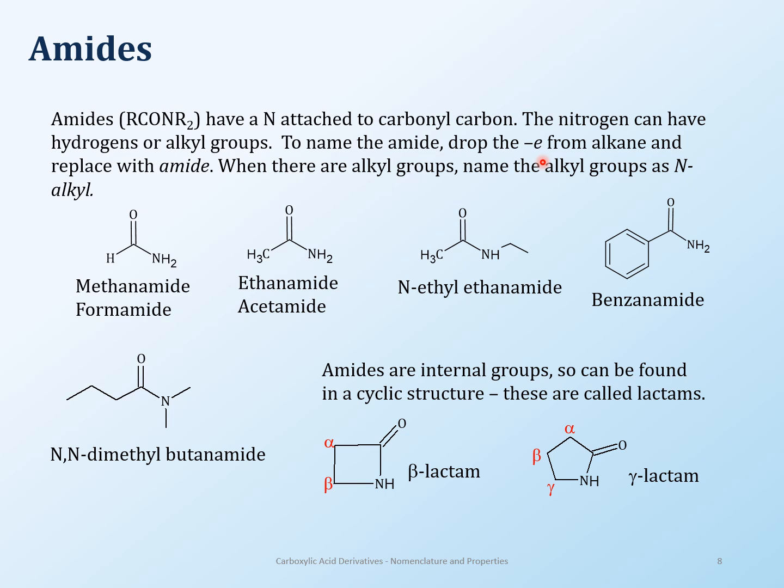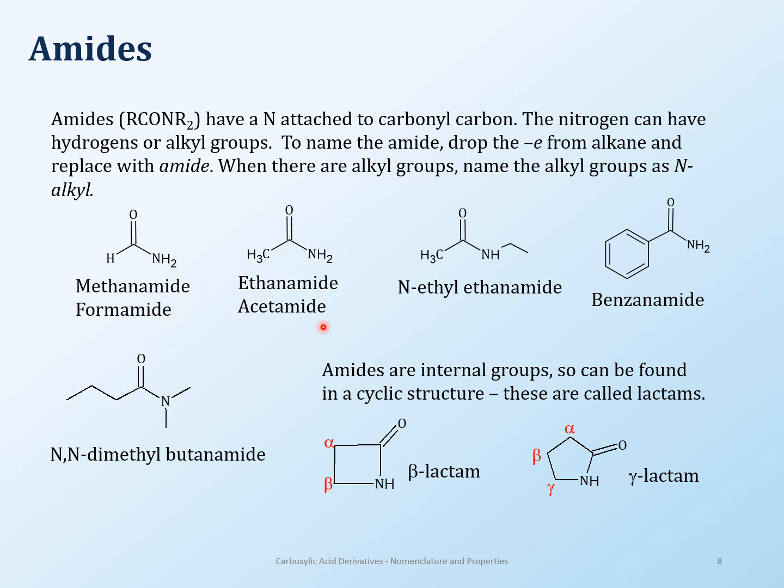Now, as far as the naming is concerned, you have to give the base name to the carbonyl carbon. So the first one is called methanamide. The general name for it is formamide, form coming from the one carbon, and then amide. Methanamide, easy enough: just remove the E, put the amide, and you're done.